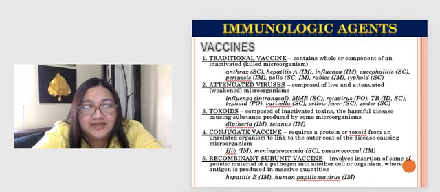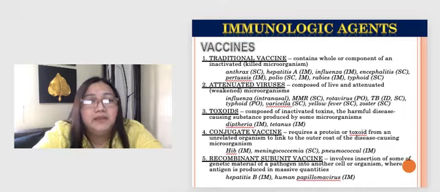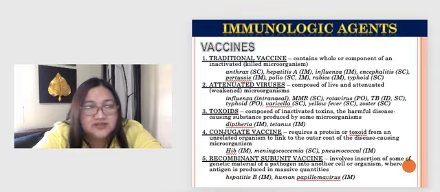Okay? Nakalagay naman sa ilalim kung ano yung mga vaccine na yan. Hepatitis A, influenza vaccine, rabies vaccine. Alright? Pangalawa, attenuated. Pag attenuated, buhay, pero weakened, pinahina. Alright? So, nakalagay din dyan kung ano mga vaccine yon. Toxoids.